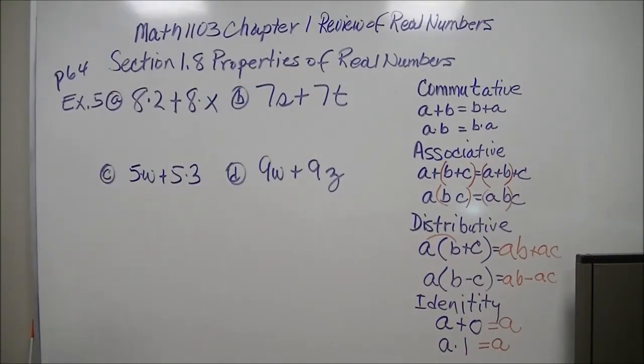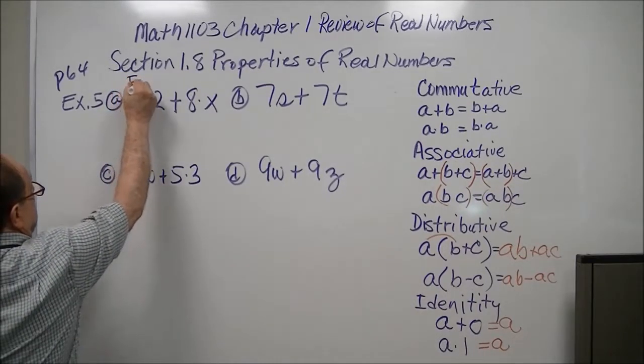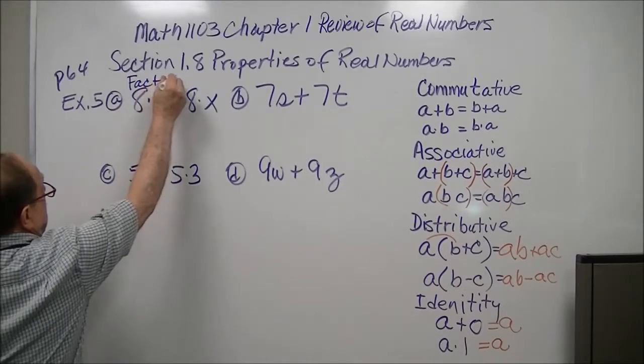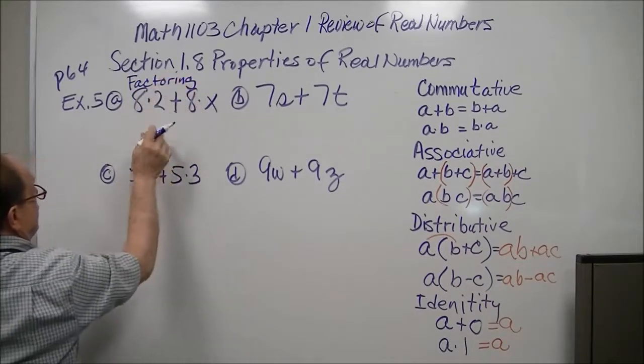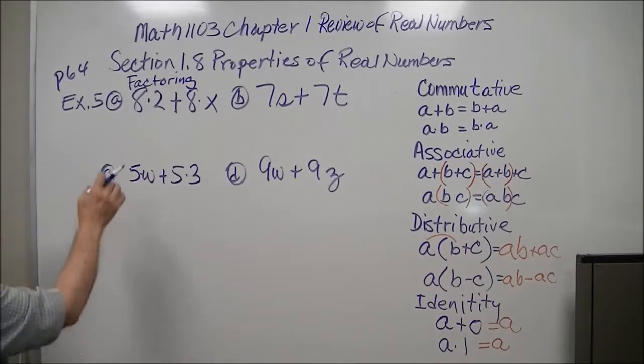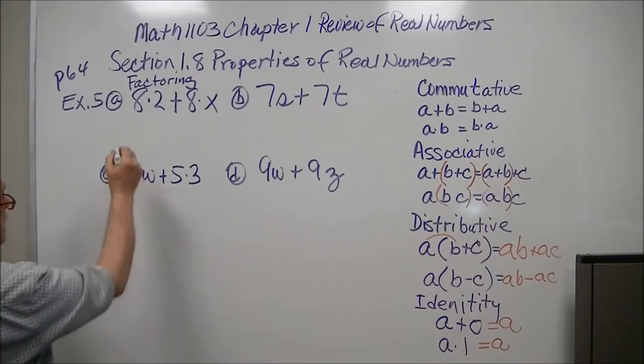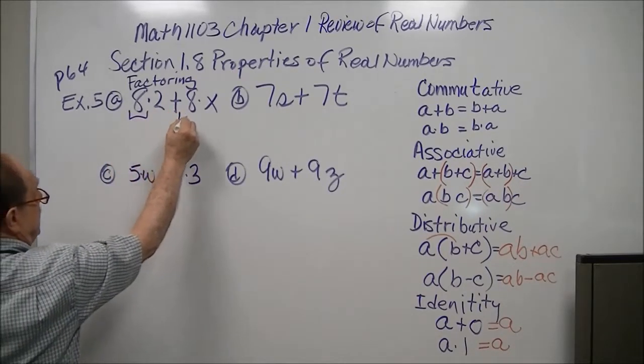Well, if I looked ahead, I would have seen our next examples are this. This is factoring. When we see a common factor in terms, it's the reverse of the distributive process. And here we see a common factor of 8.